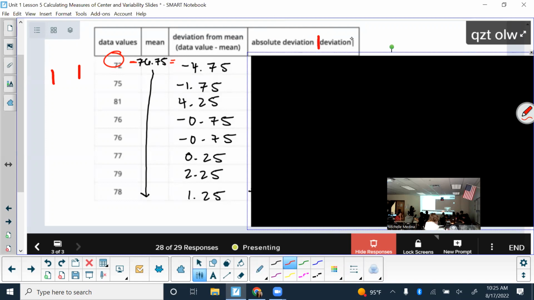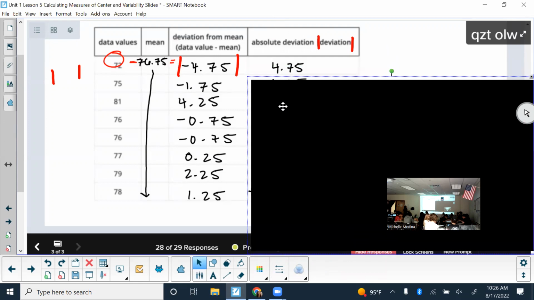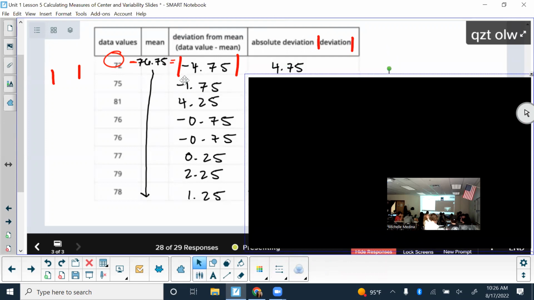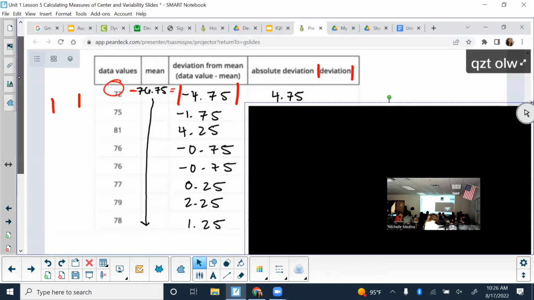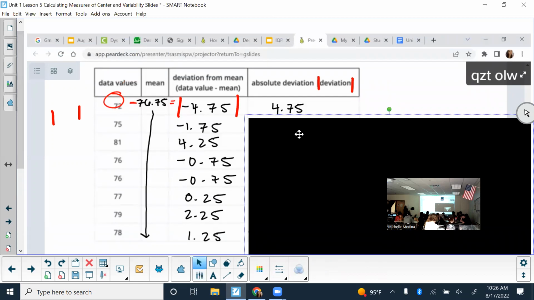So this is saying take the absolute value of the deviation, which is what we just calculated. If I have a negative 4.75, what's the absolute value of negative 4.75? Good. If it's negative, it basically makes whatever number that is positive. So what's the absolute value of negative 1.75?